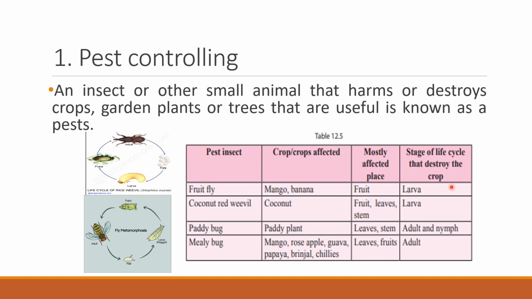The best method to control these organisms is to use biological methods. There we do not use chemicals, but if the harm is at a higher level, you can even use pesticides or insecticides to control these insects.